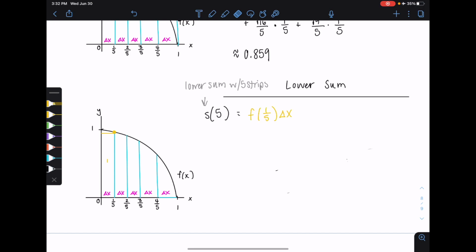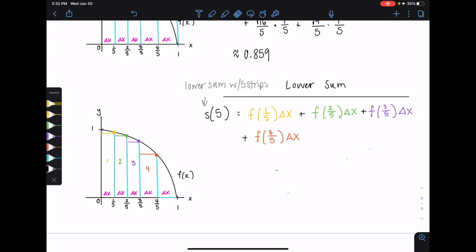So I'm going to plug in 1/5 times it by delta x to get my approximation. On the second strip, I'm going to plug in 2/5 because that's the lowest value. So we'll plug that into a function, times it by delta x. On the third strip, you will plug in 3/5 to give us the area of the third strip roughly. Fourth strip again, plug in the right endpoint, which is 4/5.